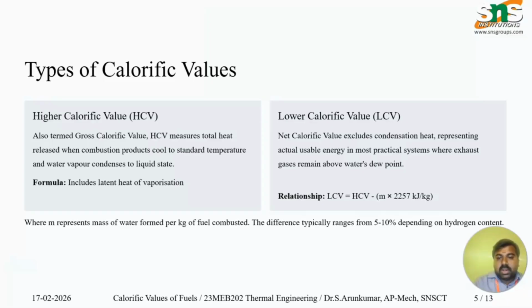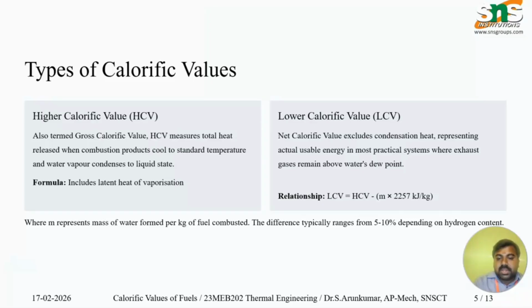The lower calorific value is calculated by using this formula: LCV is equal to higher calorific value minus m into 2257 kilojoules per kilogram, where m represents the mass of water formed per kilogram of fuel combusted.